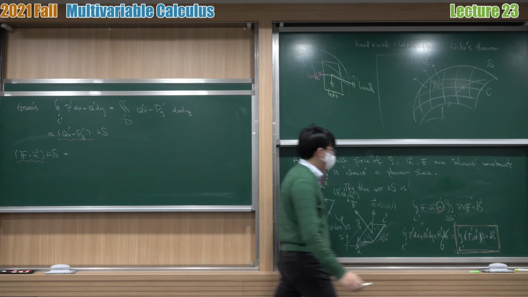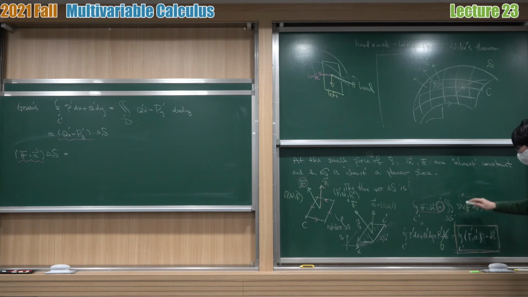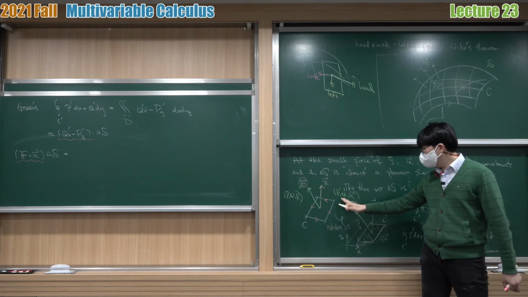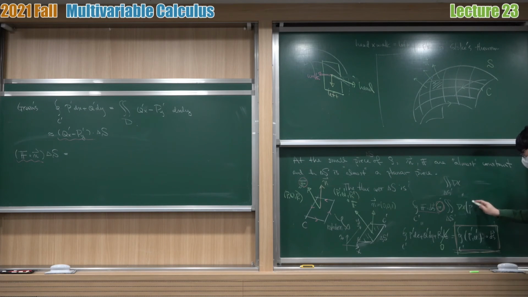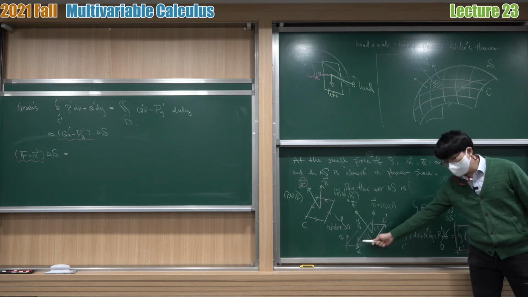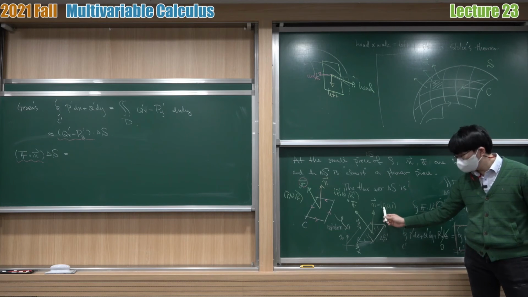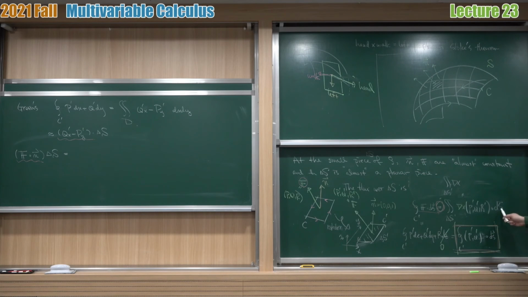So this is equal to the surface integral of the cross product. Oh, let me rewrite this. We are talking about F, but after rotation. So we are taking P prime, Q prime, R prime, and the surface integral over this flat surface, whose orientation is 0, 0, 1. So the last component of this cross product survives, and all the others disappear.